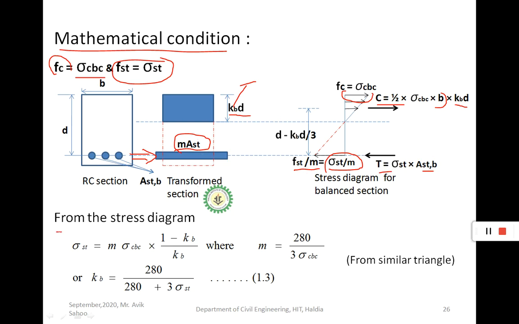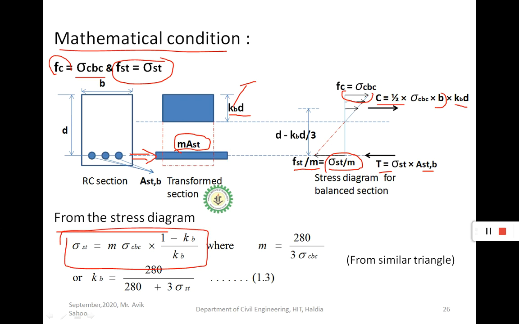From the stress diagram, because the stress distribution is linear, we arrive at this relation. So how do we get this relation? Simply from the similar triangles.